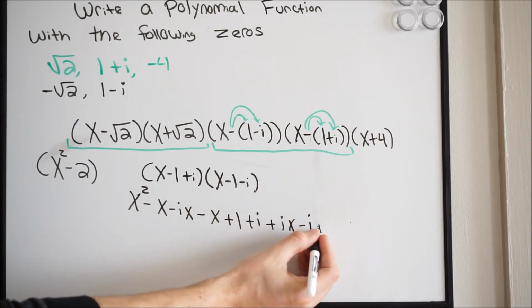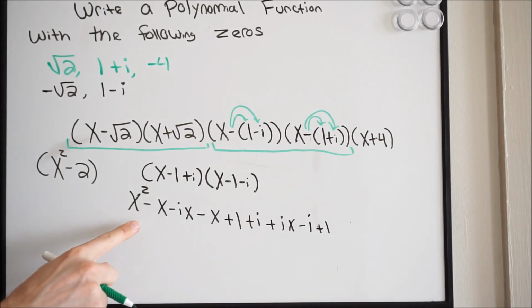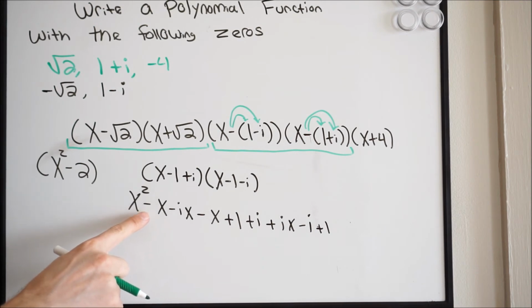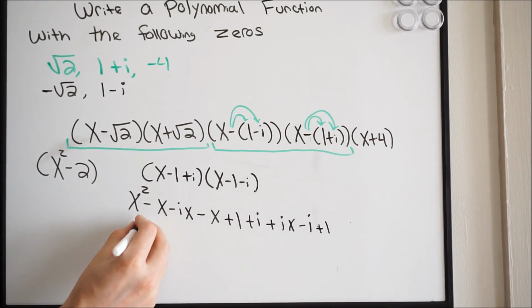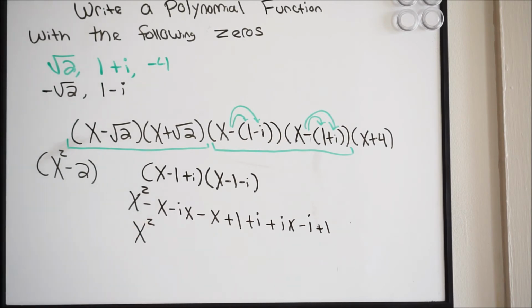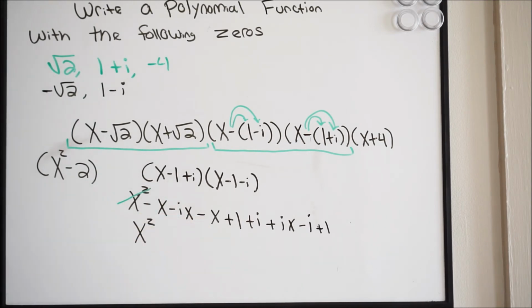So plus 1. Now at this point, let's go ahead and cancel out any terms. Okay, so we have an x squared, so we're going to go ahead and write x squared. So we're done with that. Then we have a negative x and a negative x.